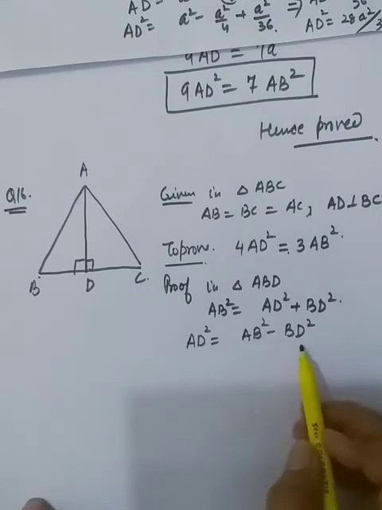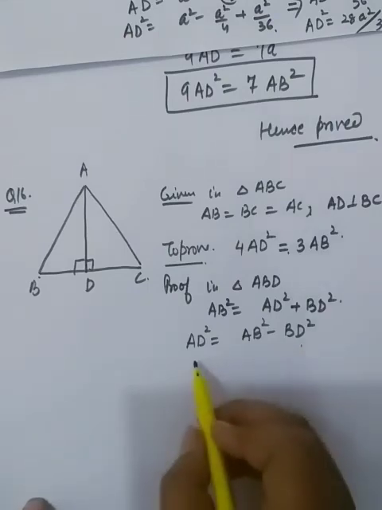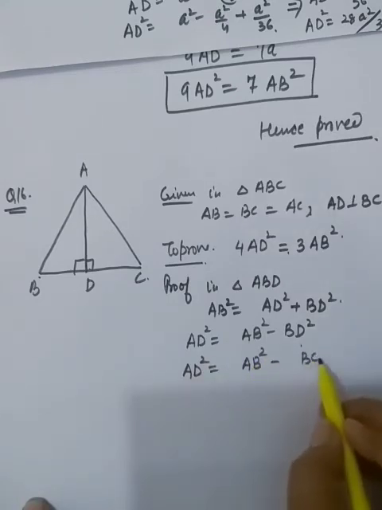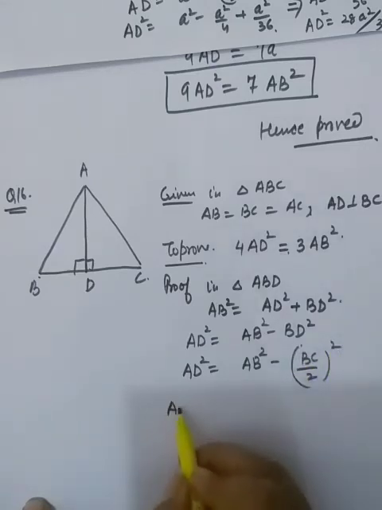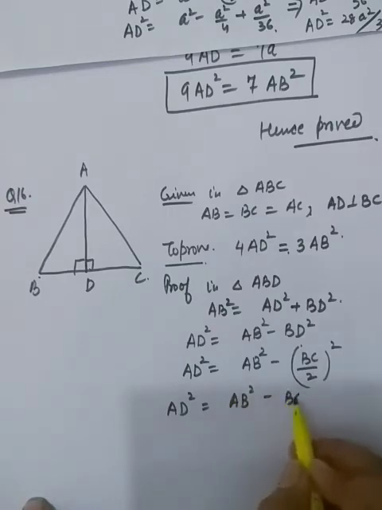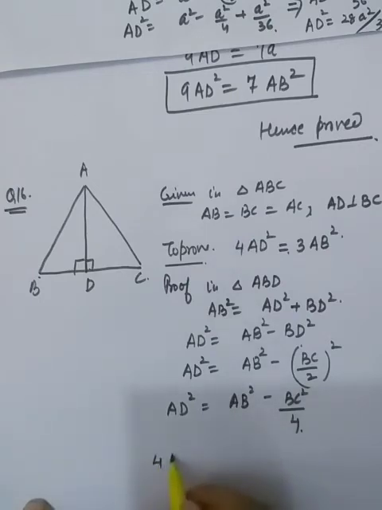Now we can replace, we know BD is half of BC, so we can write BC by 2 in place of BD, but square is also there. So AD square is equal to AB square minus BC square by 4. By taking the LCM, we get 4AD square is equal to 4AB square minus BC square.